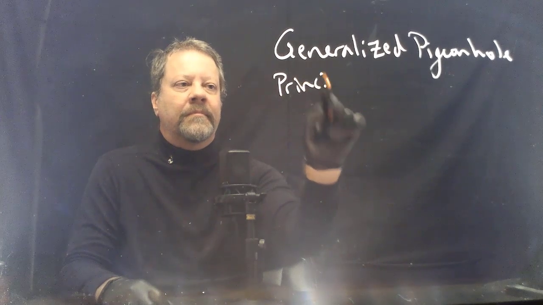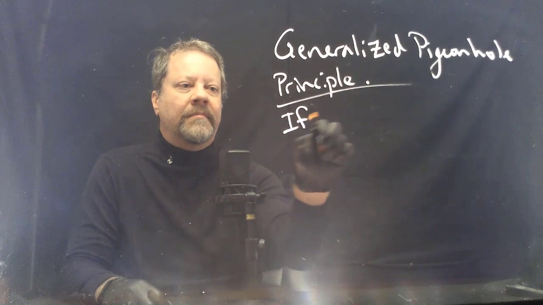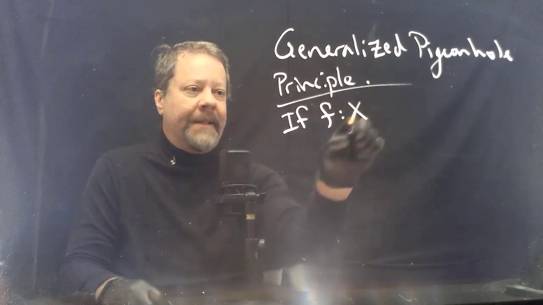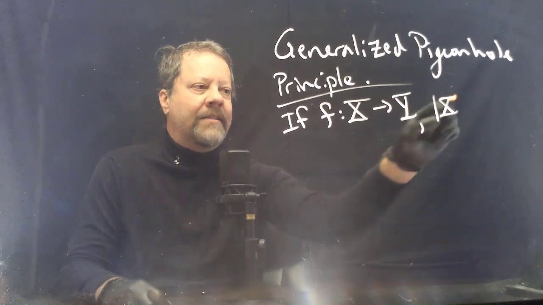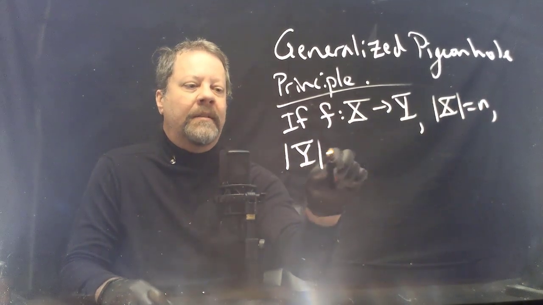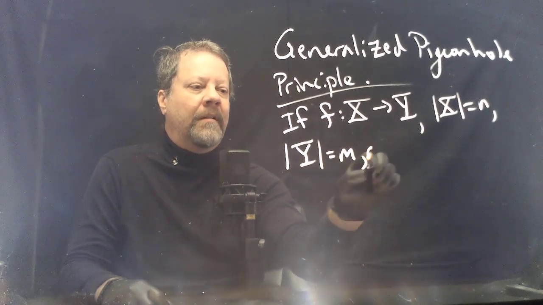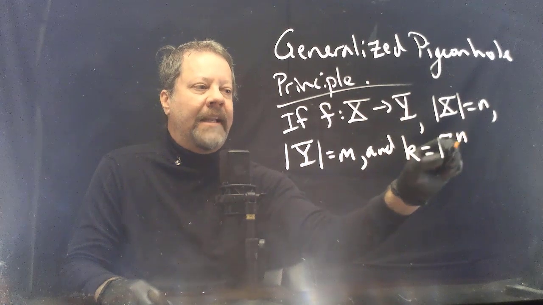The generalized pigeonhole principle goes like this. f is mapping x into y. Cardinality of x is n. Cardinality of y is m. And suppose k is the ceiling function of n divided by m.